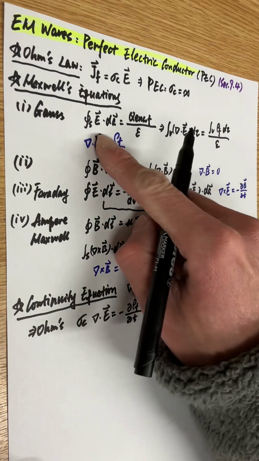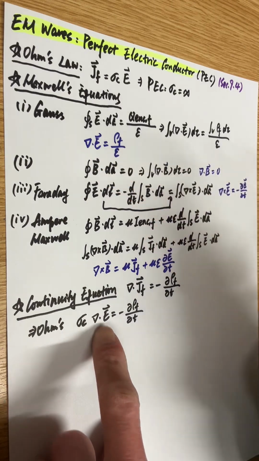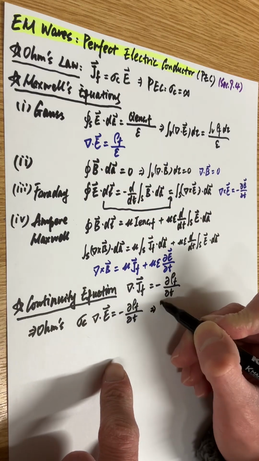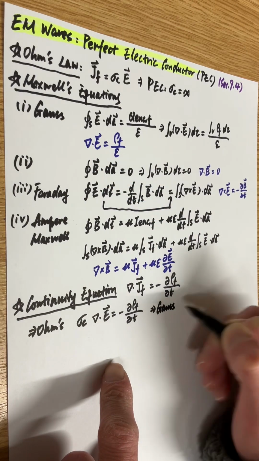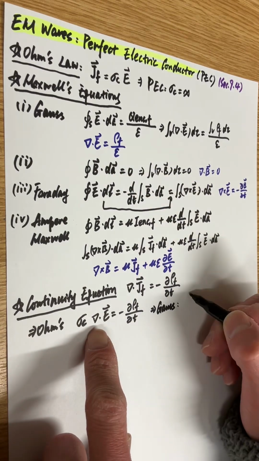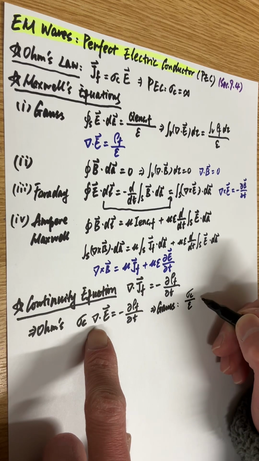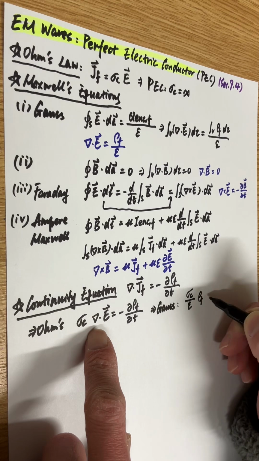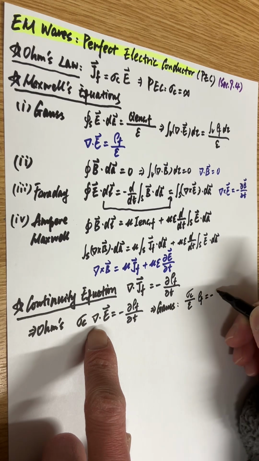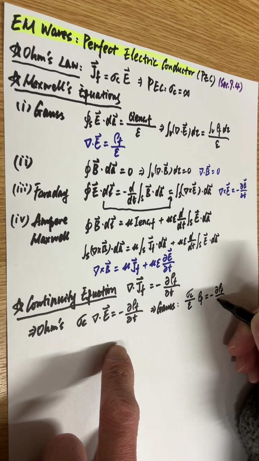And now we recall Gauss's law, we know the divergence of E. We would have the conductivity divided by permittivity, and then rho F equals minus d rho F dt.